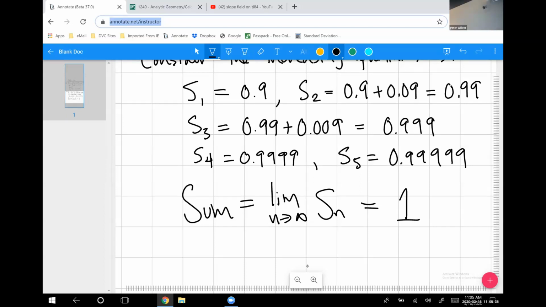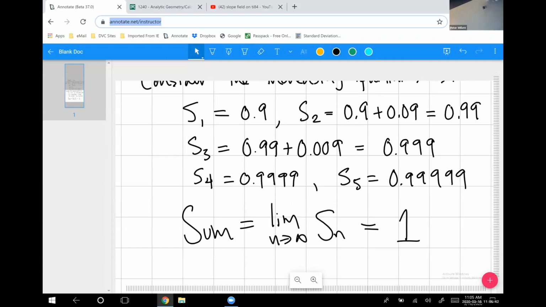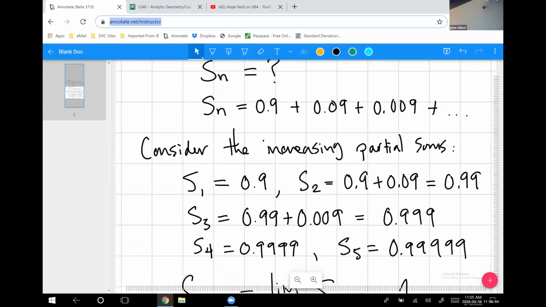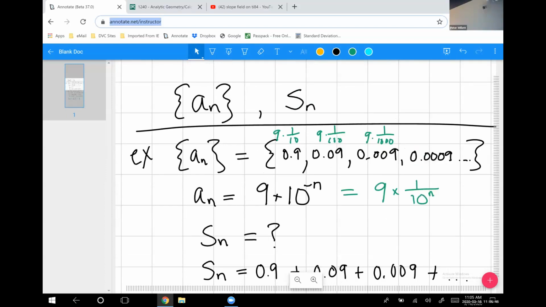So if you go back to the original sequence that we were looking at, and we add all of those terms up, we get a 1.